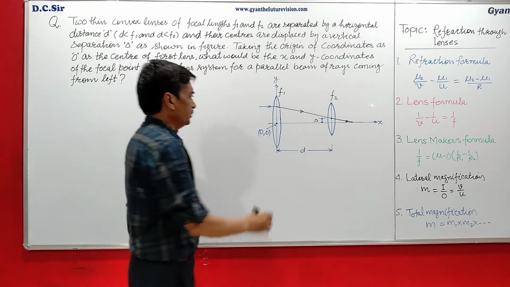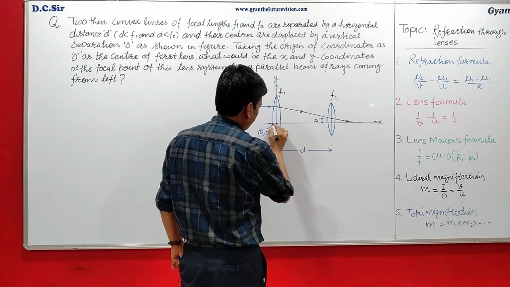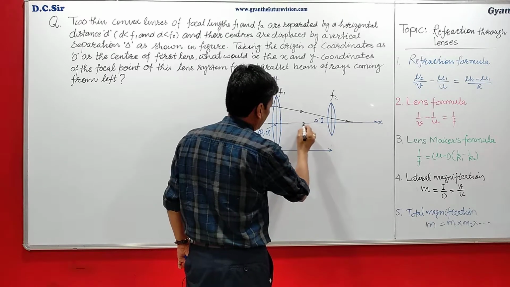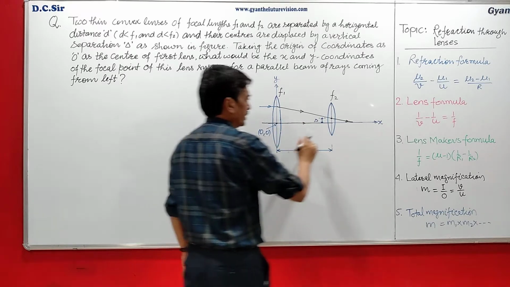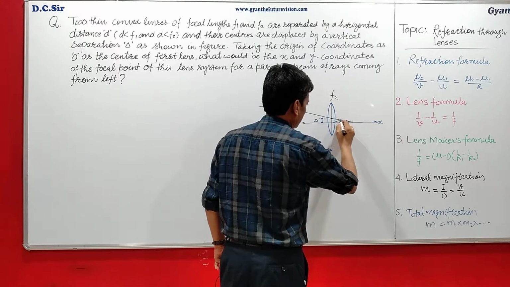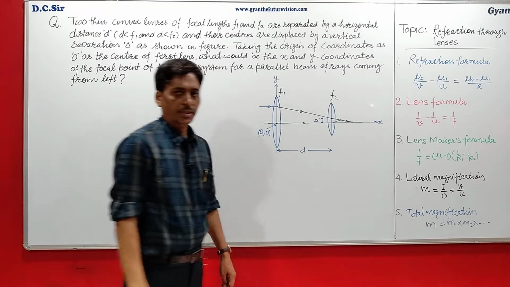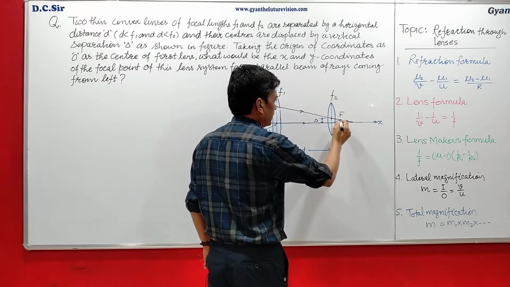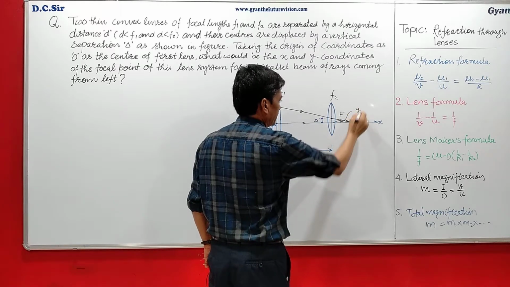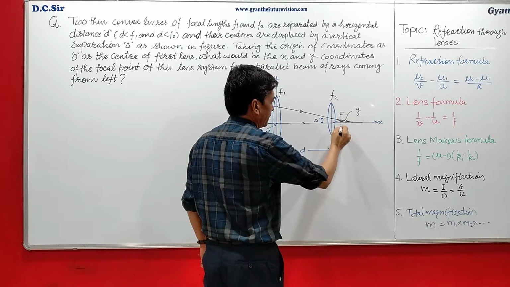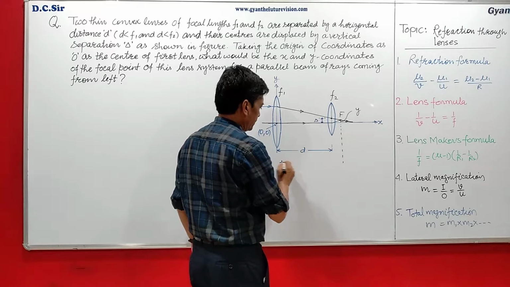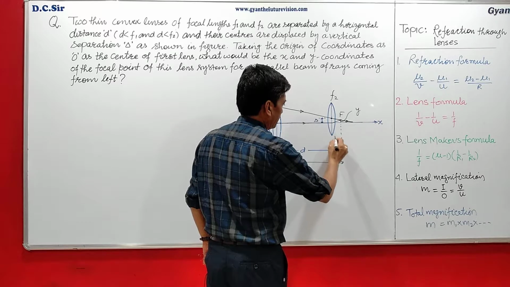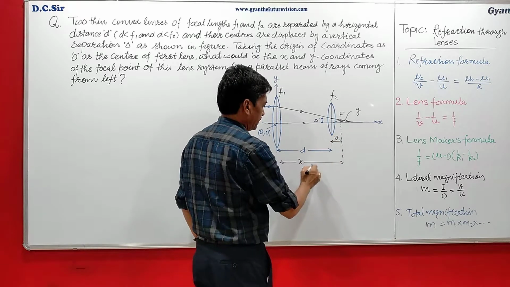Another ray, the second ray, from the optical center of the first lens, goes undeviated, but at this point it gets refracted this way, and the final focal point becomes F. This coordinate is the y coordinate, and this is the x coordinate. If the distance is d, then x equals d plus b.